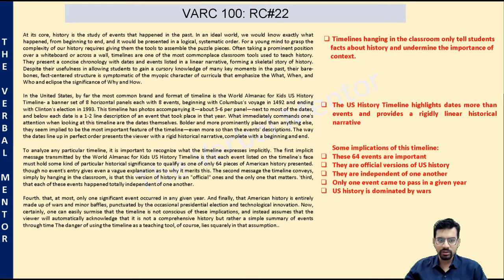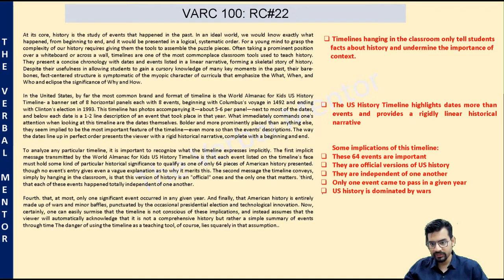Now, please note the fact that author presents these implications, these possible impressions that the US timelines can give as deficiencies of the US timeline, insufficiency of US timeline, which means author thinks that these are wrong impressions, potentially wrong impressions that the timelines can give, which means author thinks the opposite.